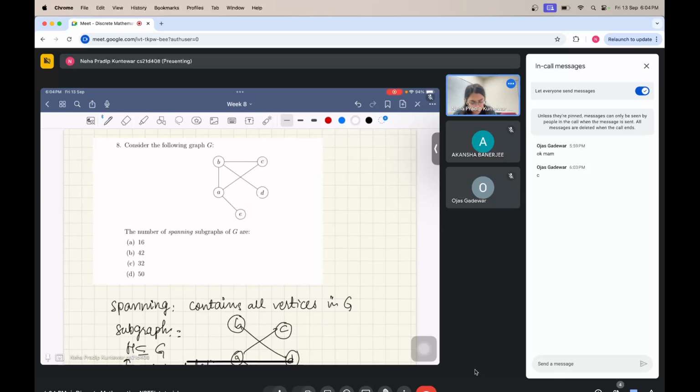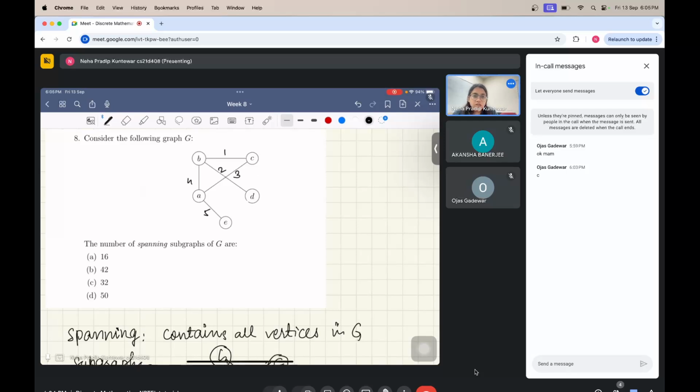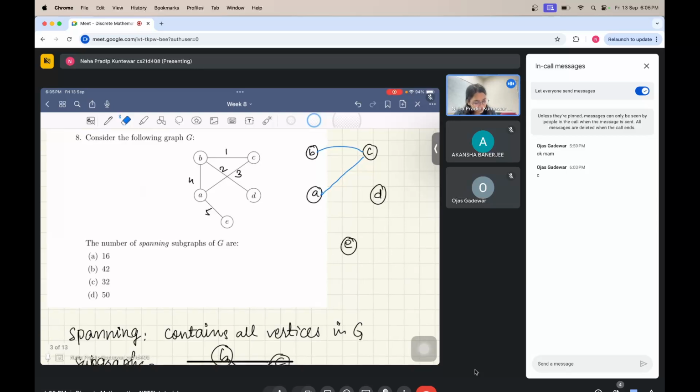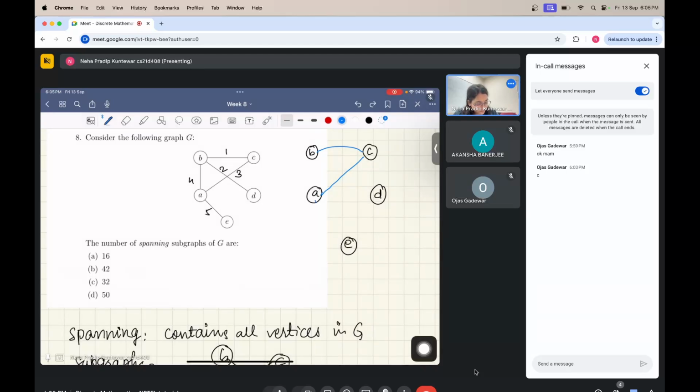You have 1 2 3 4 5 edges, and for each of the edges you have a choice of whether that edge should be there or not. So this could be there, then again for this edge it may or may not be there, so I'm choosing to not take 2, and then I'm just choosing this. So this gives me one spanning subgraph, and this also is a spanning subgraph.